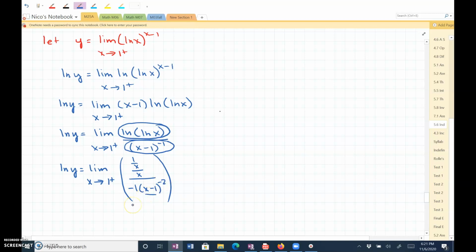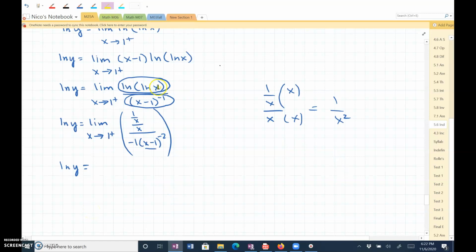The derivative inside here would just be 1, so now I have this. Then, let's see, 1 over x, multiply the numerator and the denominator by x, you're going to get 1 over x squared. So now I have the natural log of y.